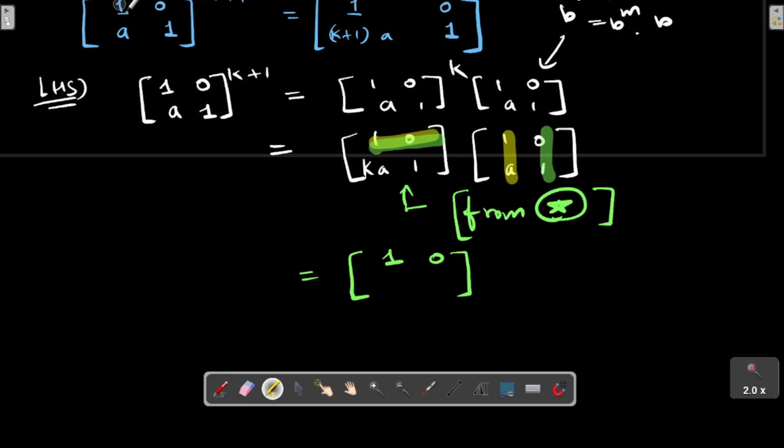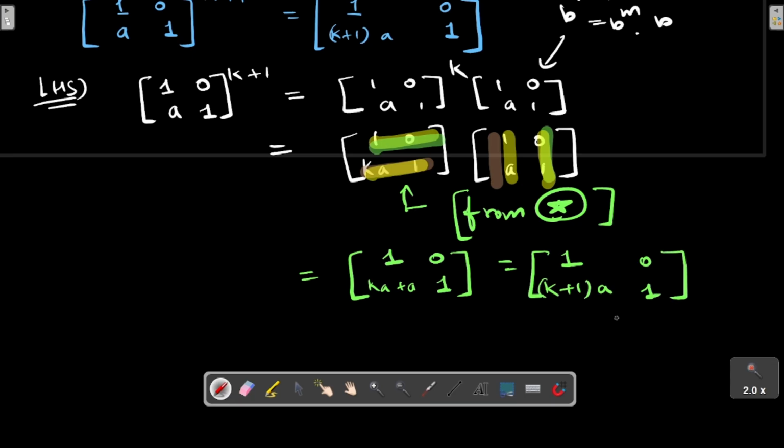Now for the next one, this with this, check, it will be kA plus A. Now again the last one with this one, it will give you 1. So this becomes 1 0 (k plus 1)A 1. This is equal to your RHS.